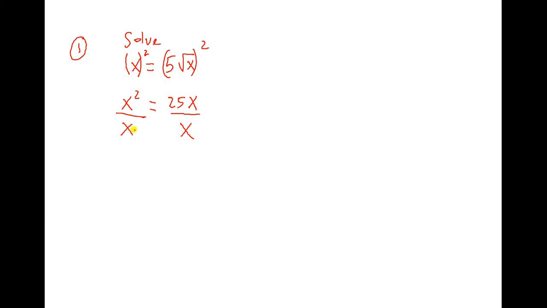So I cancel x here, and x gives me x, take away the second power and take away x, so x equals 25. Now this is the solution that we get from here, but we have to check it because in this step we are dividing by a variable, and a variable can contain a 0. If you divide by 0, you have an undefined solution.